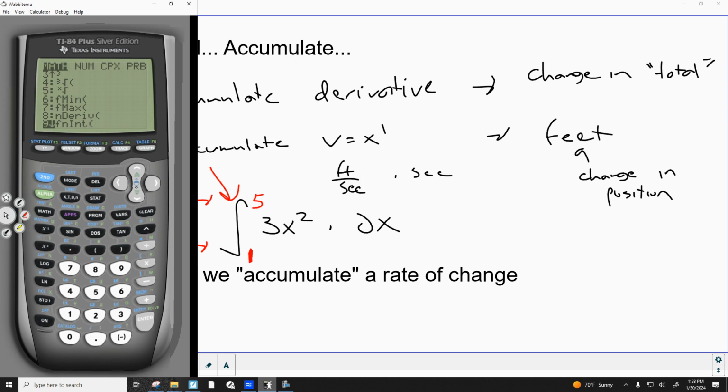But for right now, you go to FNINT, an integral pops up. To you, an integral means antiderivative. To your calculator, the integral means accumulate. You will say, hey, I want to accumulate over the time interval 1 to 5, my velocities 3x squared. You will have to put dx because it's talking about your velocities times time. Velocities meters per second times the seconds gives you meters. This is the other way that you will be able to get your answer of amount traveled.